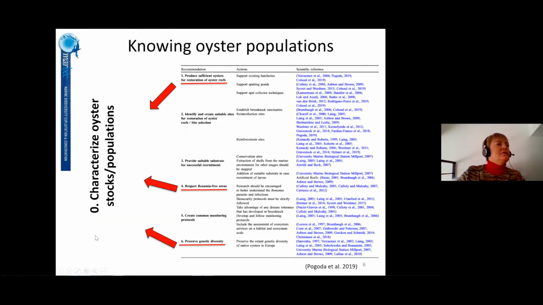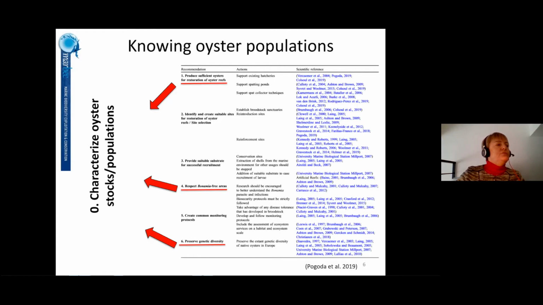They encompass recommendations about the oysters themselves, about producing, of course, enough oysters for restoration or preserving their genetic diversity, but also about the sites, selecting good sites, I would say, free of bonamia, but also providing a suitable substrate for successful recruitment.